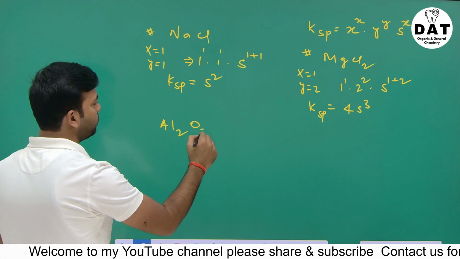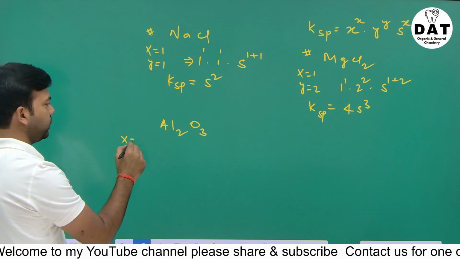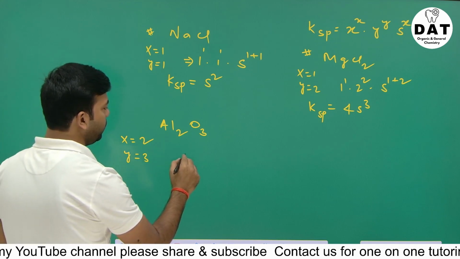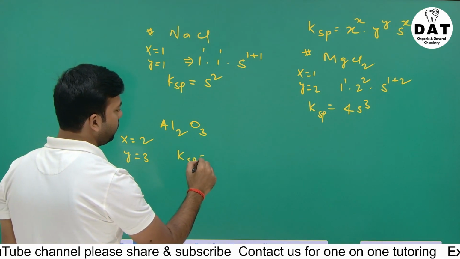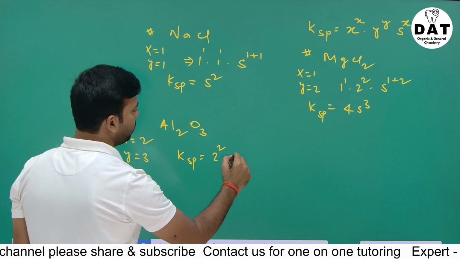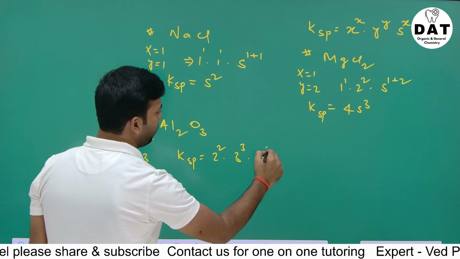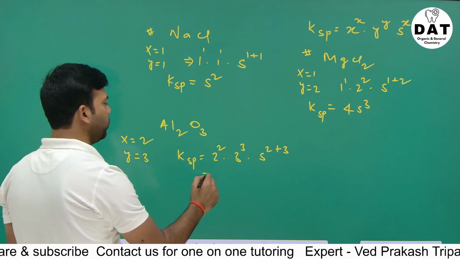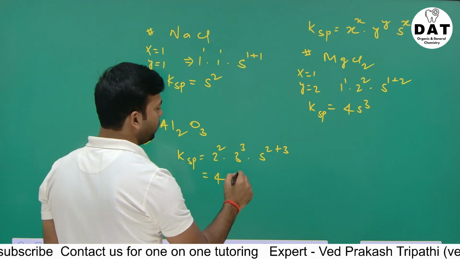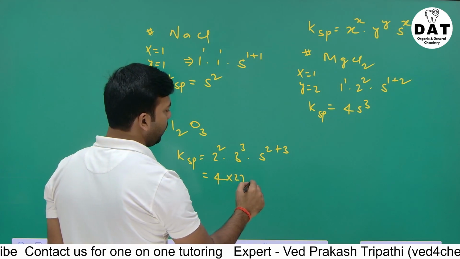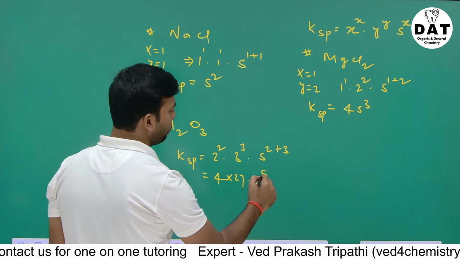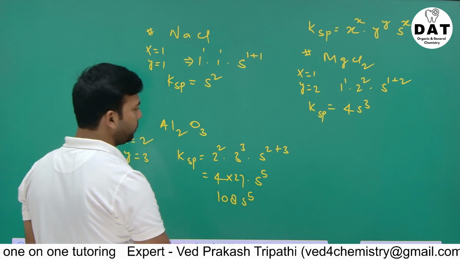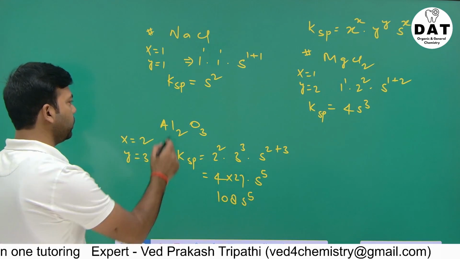Al2O3 suppose. So for this x is 2, y is my 3. So what should be the KSP? 2 to the power 2, 3 to the power 3, s to the power 2 plus 3. Simple. Makes sense? So 2 to the power 2 is 4, 3 to the power 3 is 27, and here s to the power 5. So I think it's 108 s to the power 5 for Al2O3.